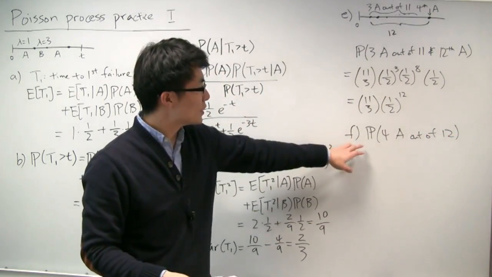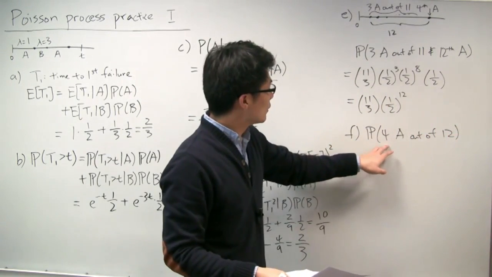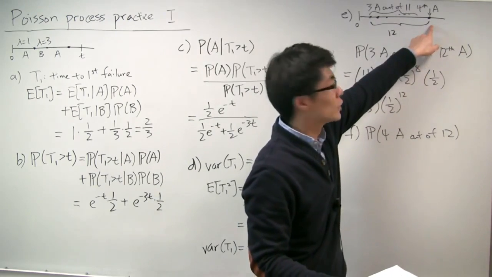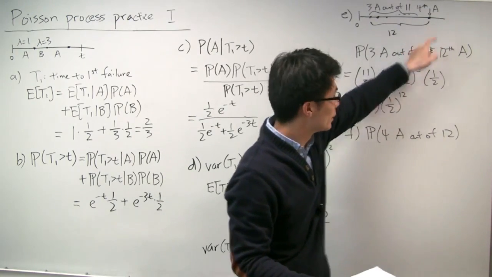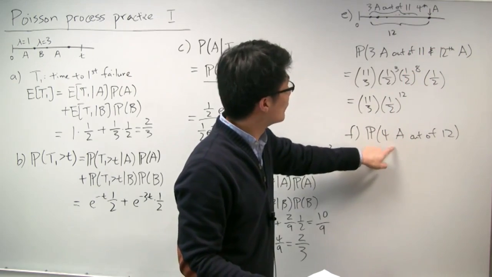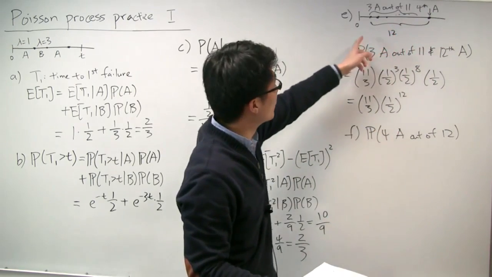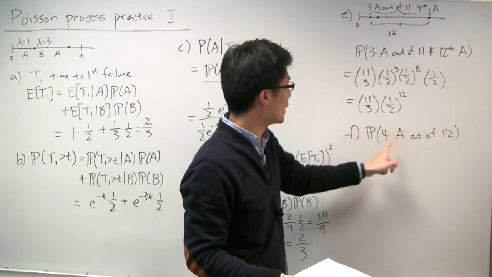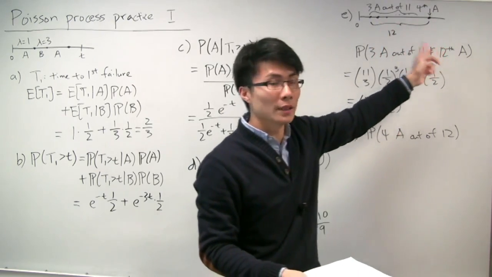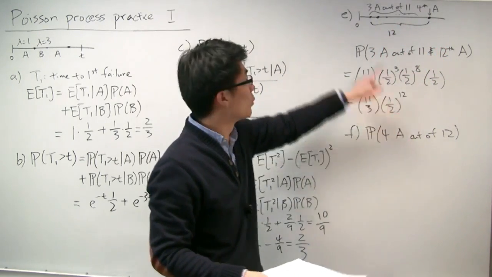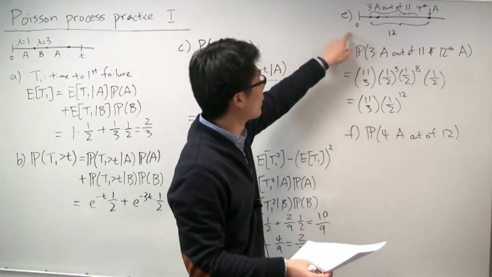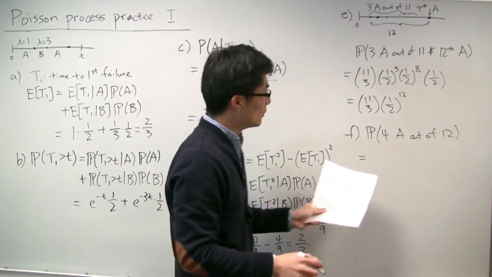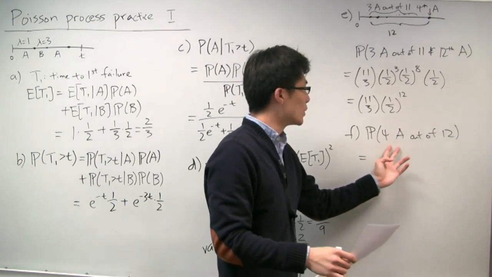So notice the difference here is that now the 4th type A failure is no longer fixed to be the 12th total failure. This 4th type A failure could have happened earlier. So for example, it could have been that the first 4 bulbs were all type A, and the last 8 were all type B. That's possible now under Part F, but it was not possible under Part E. So now this is actually a simpler problem to solve, because all we care about now is just 4 successes out of 12.